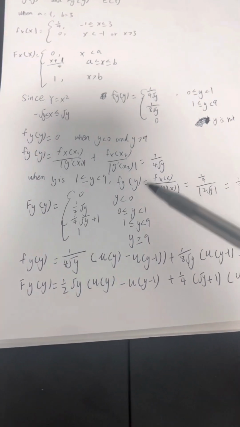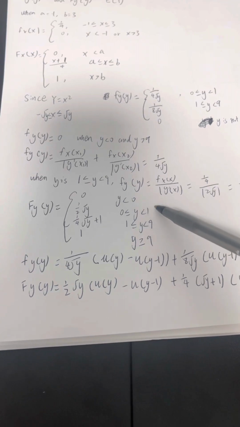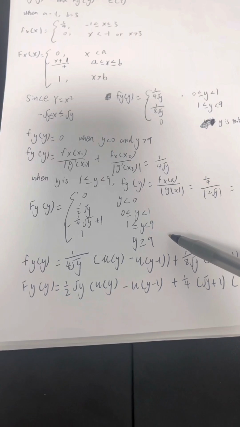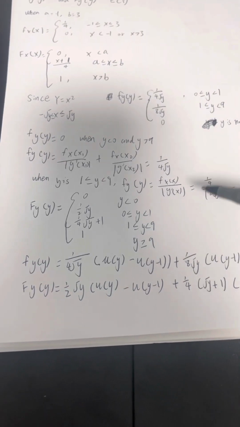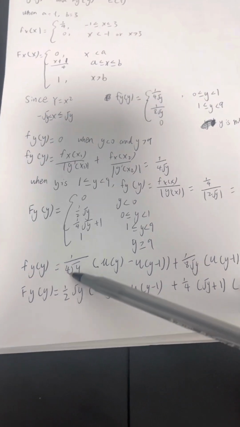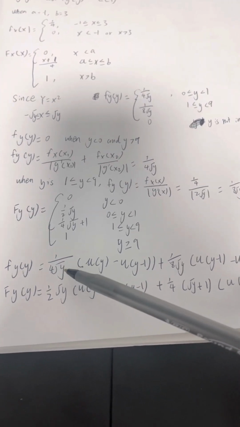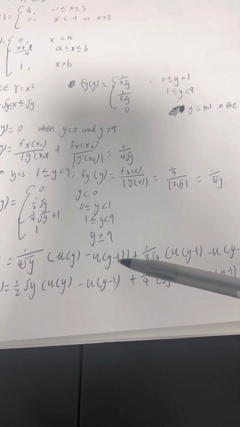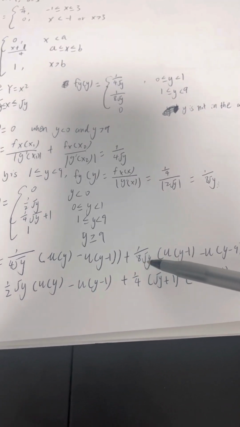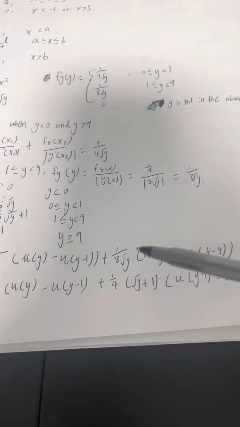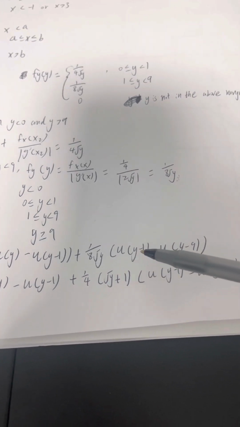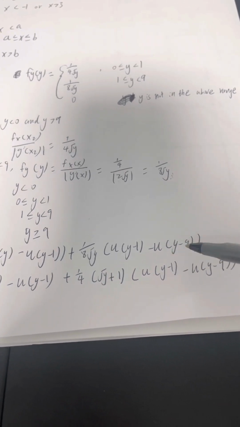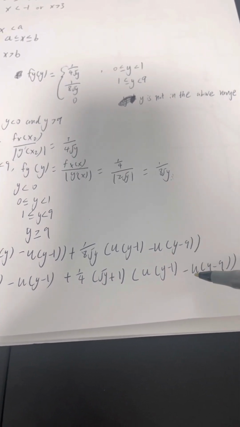Based on this range, we can now get the unit step equation for f_Y(y) is equal to 1 over 4 square root of y times (u(y) minus u(y minus 1)) plus 1 over 8 square root of y times (u(y minus 1) minus u(y minus 9)).